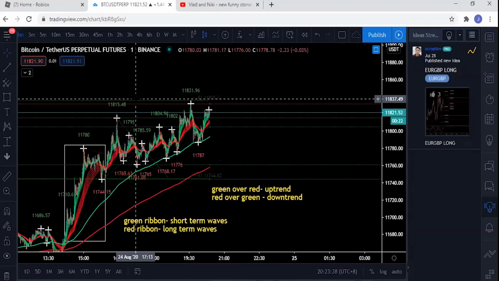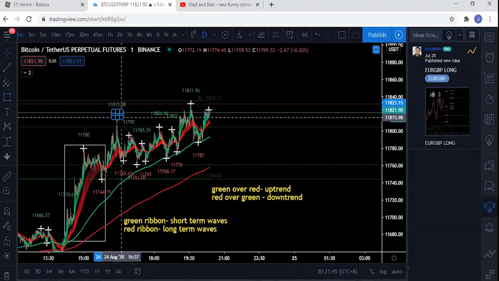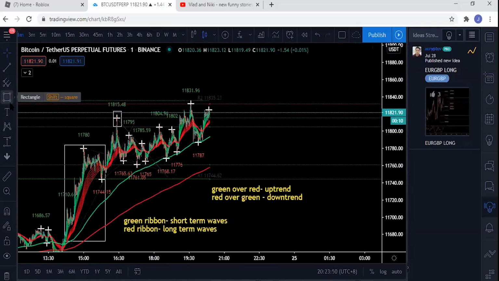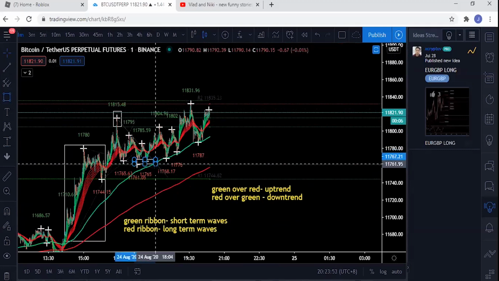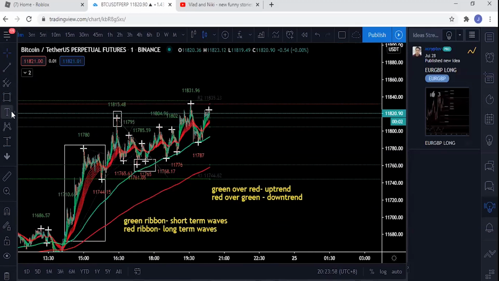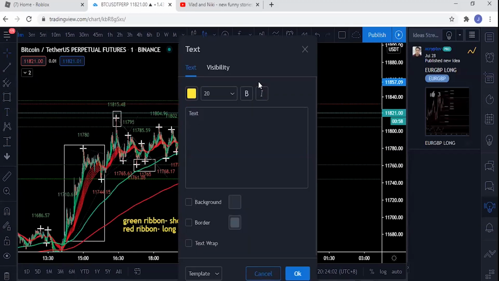If you can see, there is a cross in our script. What is this cross? The cross indicates the peak or bottom of our overbought and oversold area. Let's write it down so you can take notes.